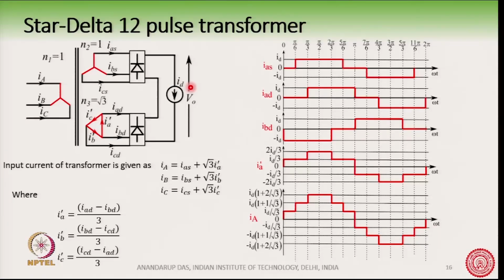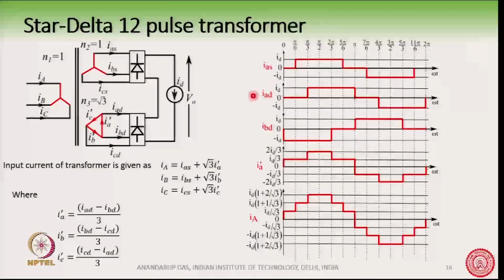For that reason, the sequence of conduction of the diodes in this rectifier will be 30 degree phase shifted, and hence the current waveform IAD will be exactly similar to IAS, but 30 degree phase shifted, because of how the diodes are conducting in the upper rectifier and the lower rectifier. This voltage and this voltage have a 30 degree phase shift between them. Therefore, IAS and IAD will have a 30 degree phase shift.